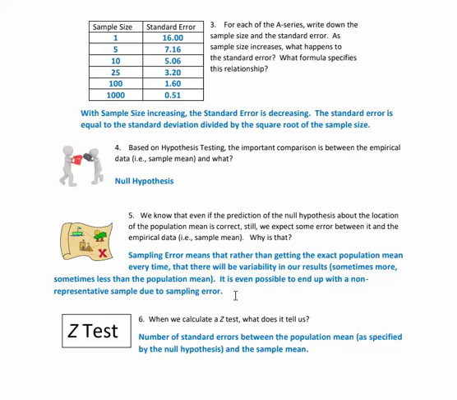It is even possible to end up with a non-representative sample due to sampling error. Right, so sometimes we may get a sample mean that's far away from where the null hypothesis says it should be, and it's just because we happen to randomly sample a very unlikely sample mean that was out in the tails of the null distribution.